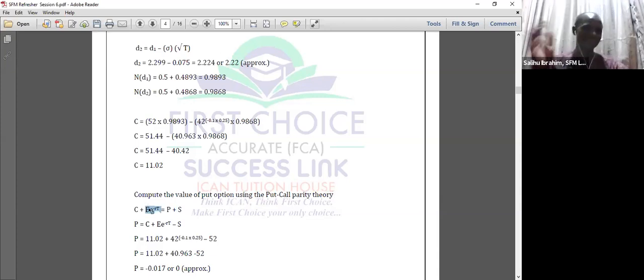If you add the present value of the exercise price to the call option price, you should get exactly or approximately the same thing as the put option price plus the current price of the underlying asset.